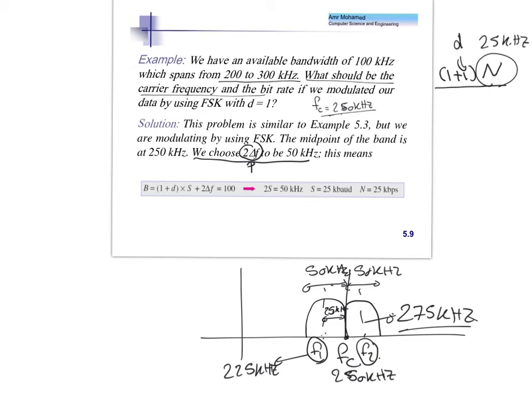the 1 plus D times N is actually the 2 delta F. Assuming that we don't know and we just want to calculate N, then we say that the bandwidth equals 1 plus D times S plus 2 delta F, and 2 delta F is 50 kilohertz. I can change this question in the exam slightly, and tell you what is the maximum bit rate.